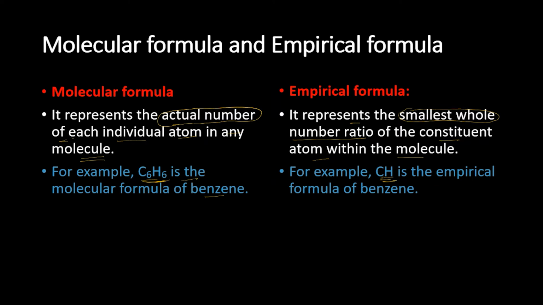So what's the relation between molecular formula and the empirical formula? Molecular formula equals n times the empirical formula. Like earlier, we have seen that if n is 6 and the empirical formula is CH, then it will become 6 into CH.